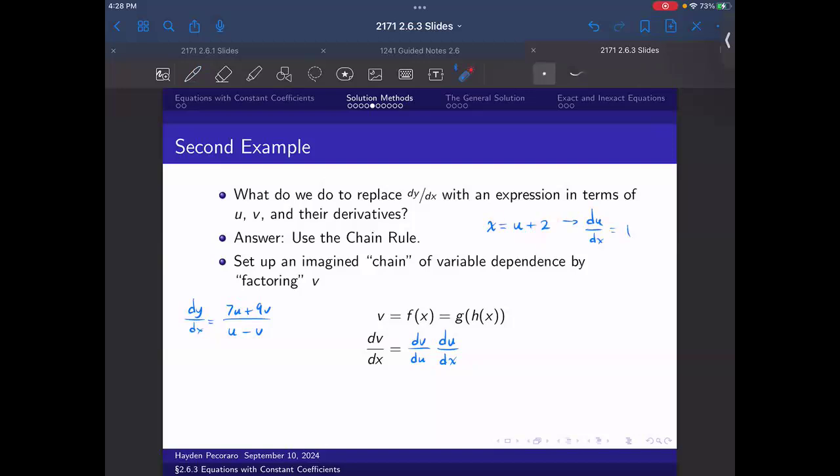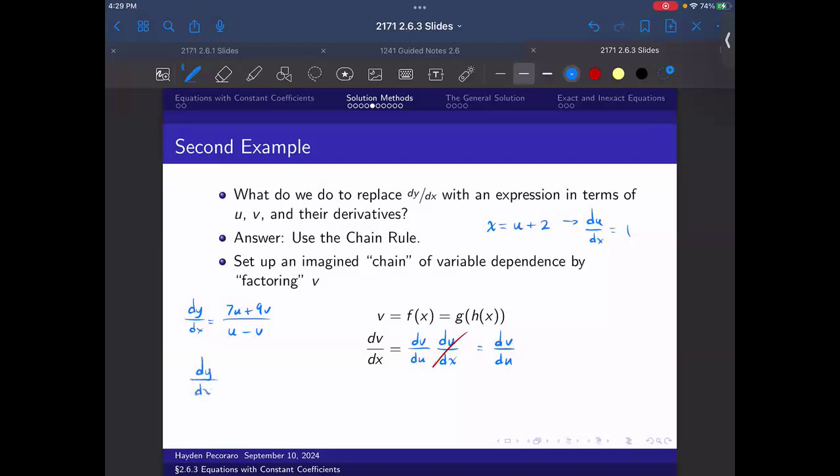So just like before, we get dv du equals this thing, except we have dy dx, don't we? Well, we're almost there.